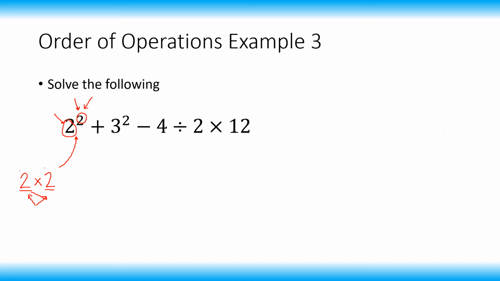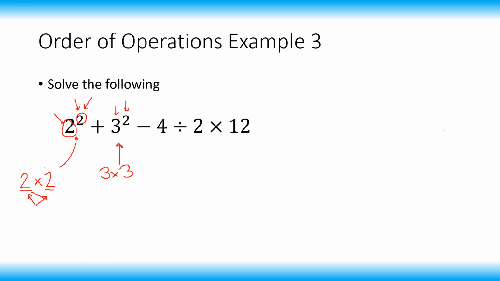And so it's the same deal with this 3 squared. We're going to multiply the big number, so this big number here, 3, by itself this many times. So that's going to be 3 times 3. So it's not that you're going to rewrite an exponent as a multiplication problem. I'm writing it out as a multiplication problem so that we can calculate it in our first step.